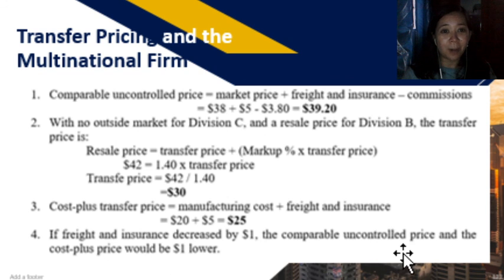Then the comparable uncontrolled price and the cost plus price would also be lower by $1, because we incorporate it in determining the transfer price. This is how MNCs normally set their transfer price, or if they have other policies for setting it, they can also do that.